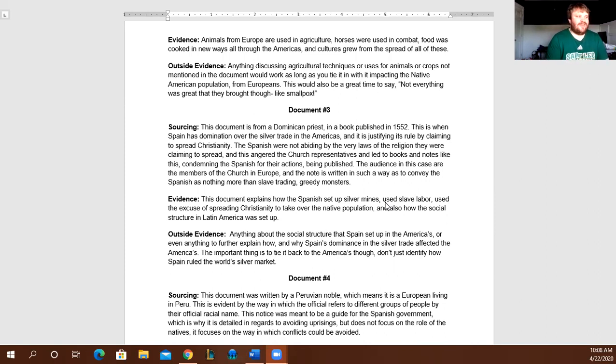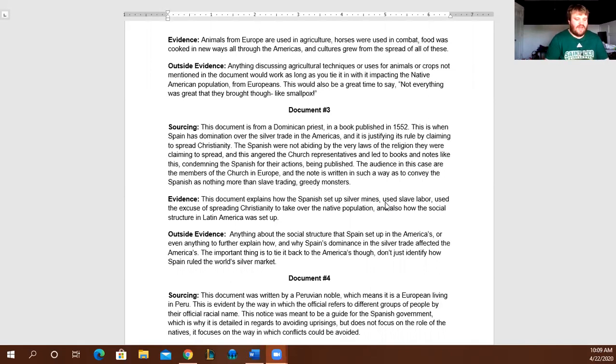The audience in this case are the members of the church in Europe, and the note is written in such a way as to convey the Spanish as nothing more than slave trading greedy monsters. Right? That's really all that it's going after there. It's all that they are really pointing out: Spanish are not abiding by the rules of Christianity. They are being the, quote, savages in the group.